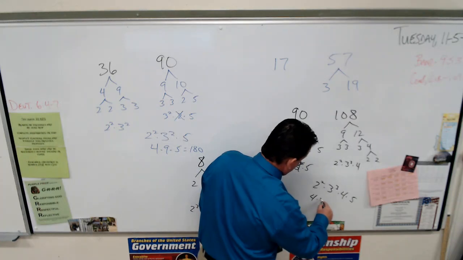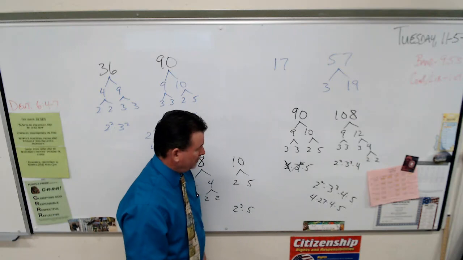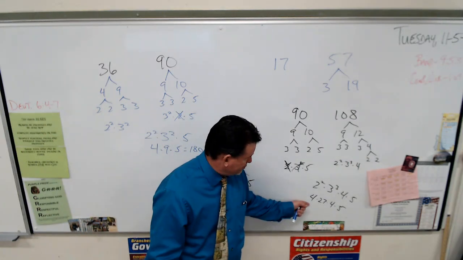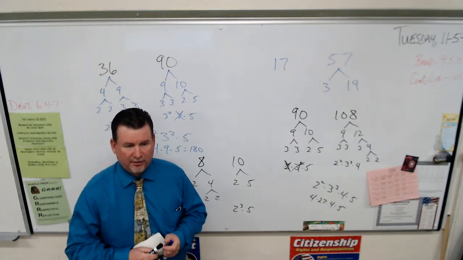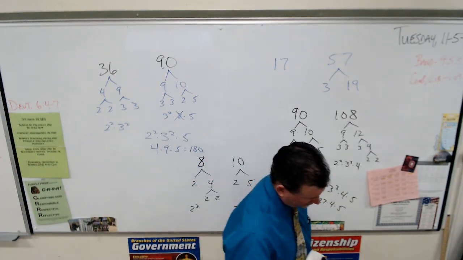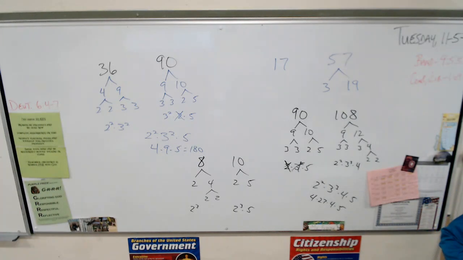So 4 times 27 times 4 times 5. That's long. So we got 20, 80 times 27.